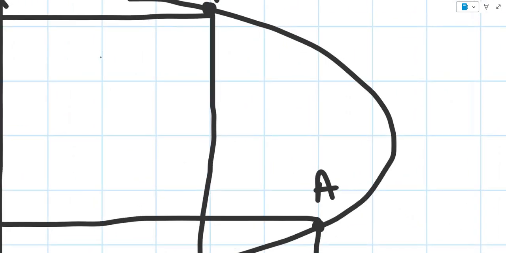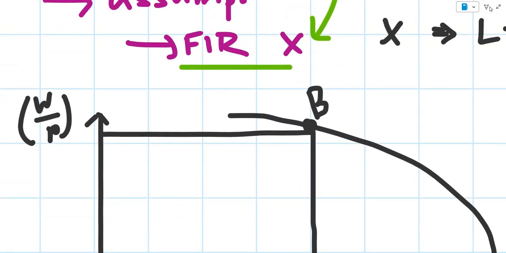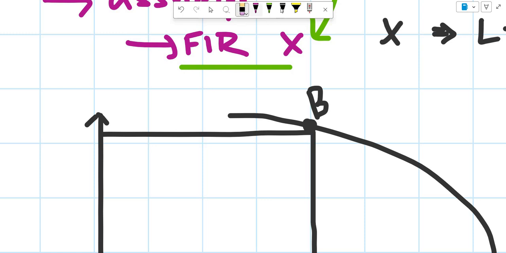If I draw it this way, I have to mark the axes. So let me write this a little above so that I have space.